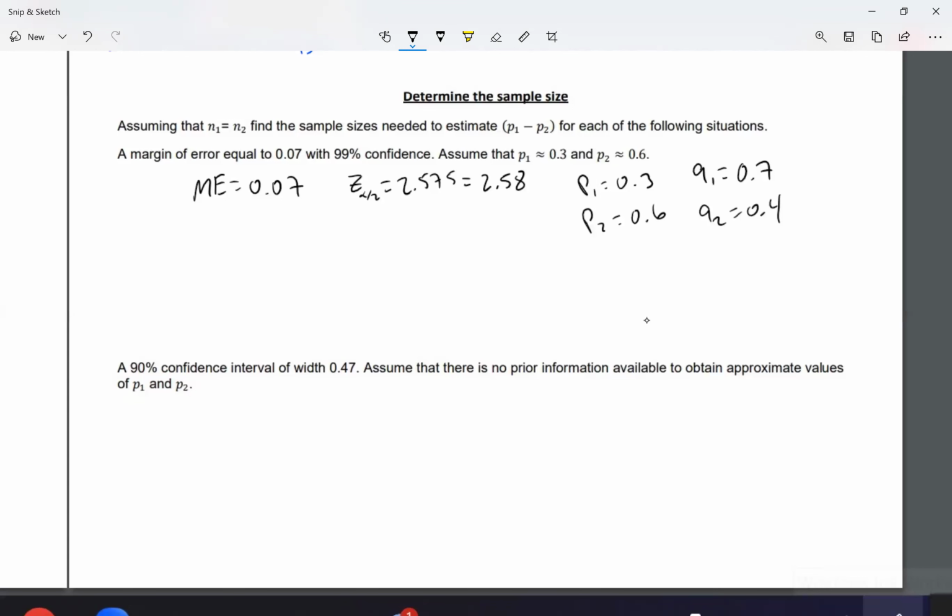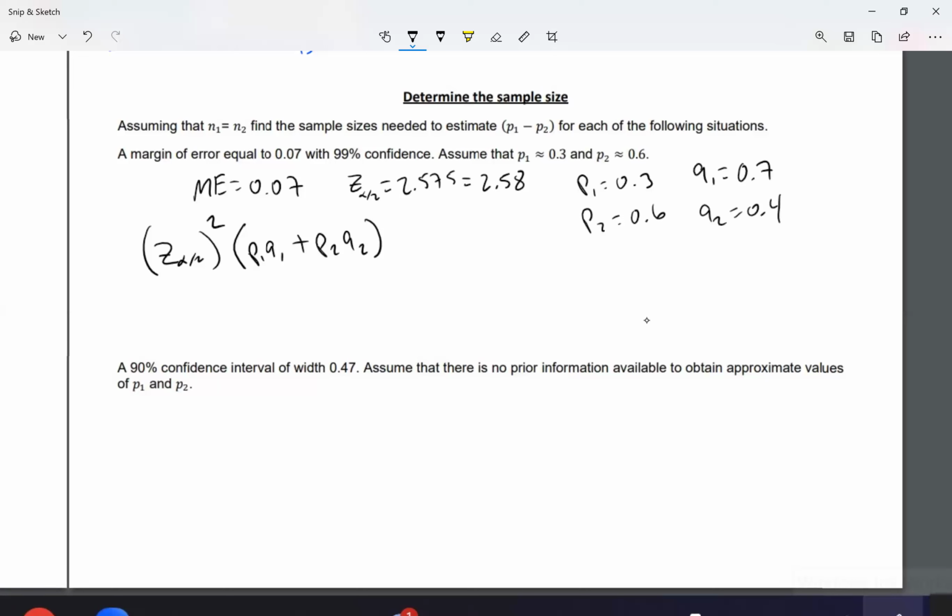Now, this is the cool formula we're going to use to find our sample sizes. We're going to go my C-score, rounded to 2 decimal places, squared, and then I'm going to do P1 times Q1 plus P2 times Q2.